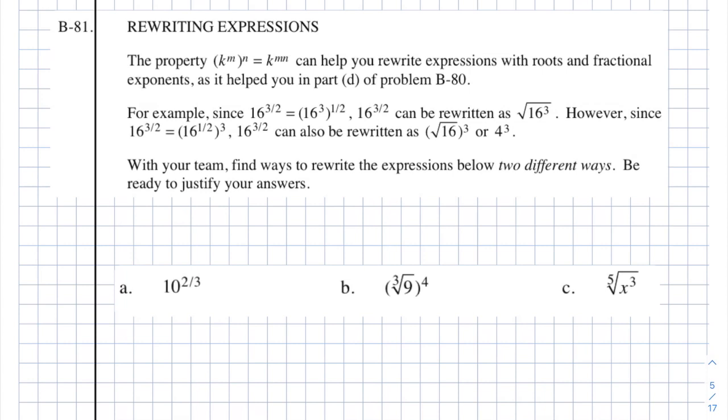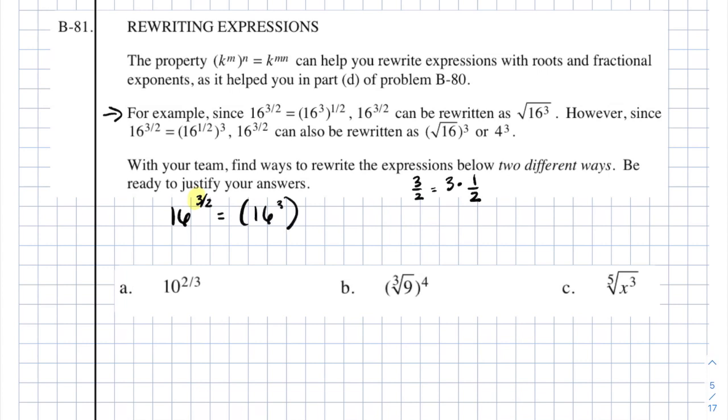So I'm going to help you out working through the example. We're going to start with 16 to the power of 3 over 2. We know that 3 over 2 is 3 times 1/2. So we're going to use this to rewrite it, making this an exponent. So we're going to have 16 to the power of 3.